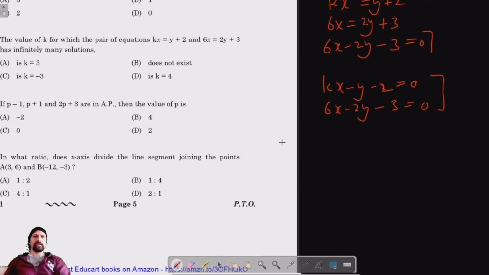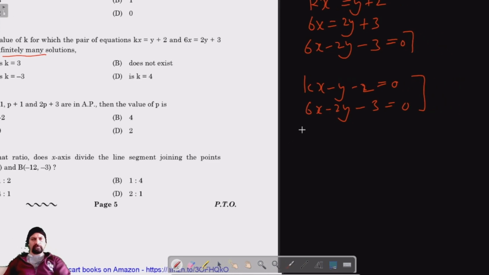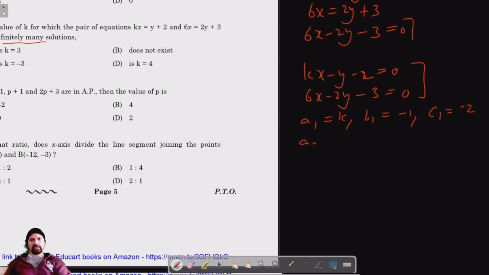Now it's given that this pair has infinitely many solutions. So in this case, our A1 is k, B1 is -1, C1 is -2, A2 is equal to 6, B2 is equal to -2, and C2 is equal to -3.